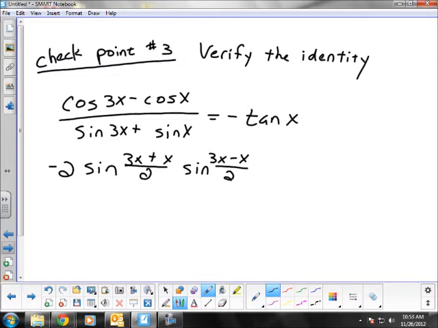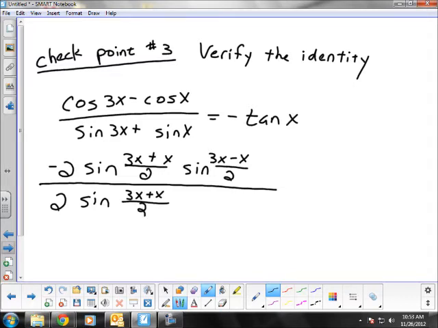All of the top turned into this, right? And that's over, that's the sine of two different angles added together. So that's positive 2 times the sine of 3x plus x over 2 times the cosine of 3x minus x over 2.